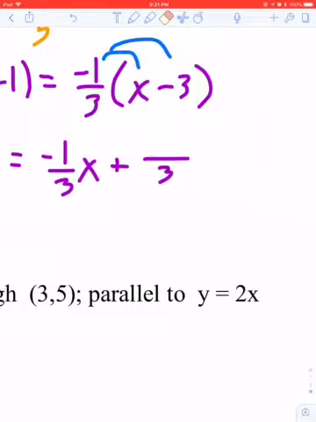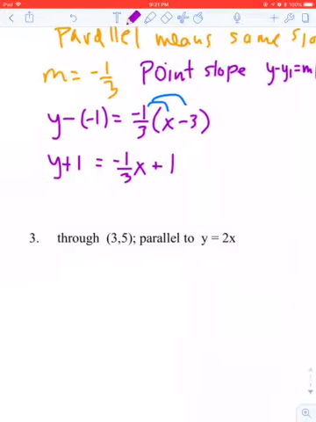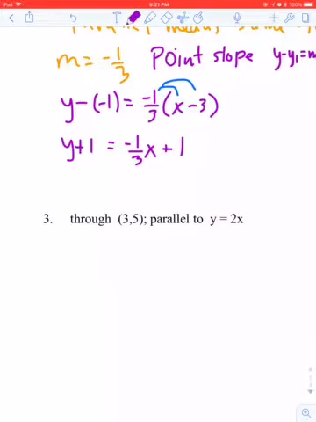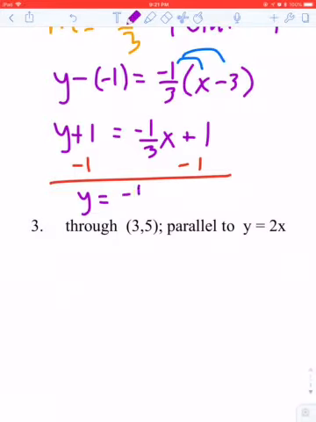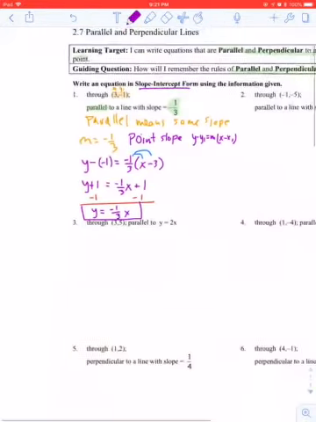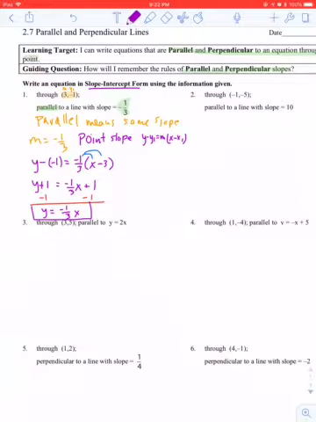You know that 1 times 3 is 3, and then you know that 3 divided by 3 is equal to 1. And then last step, minus 1 to both sides. And you get the answer y is equal to negative 1/3 x. That's your answer, in slope intercept form. The slope is the same, and you can check that it goes through the point 3, 1.